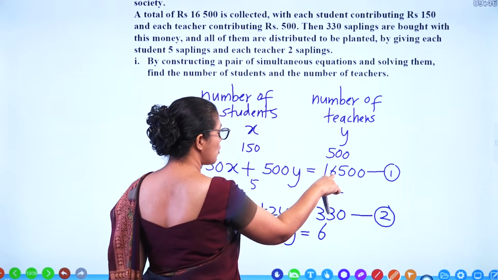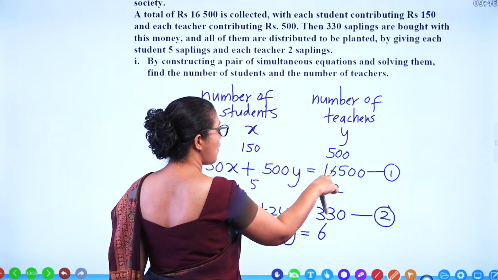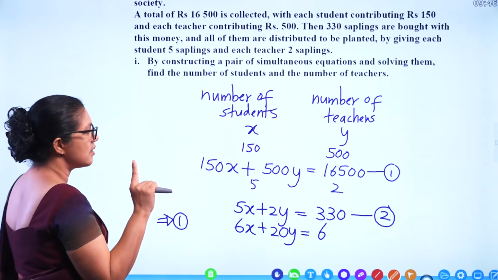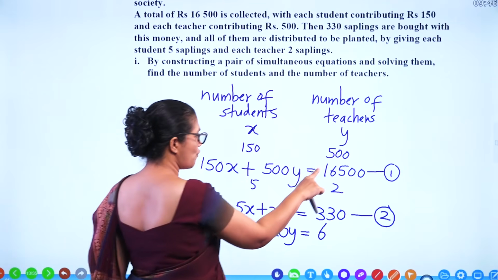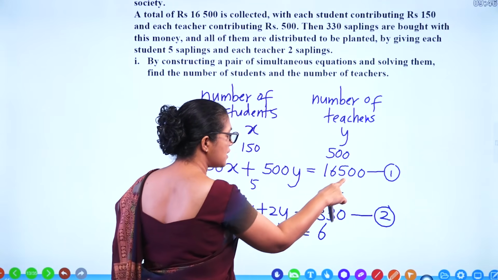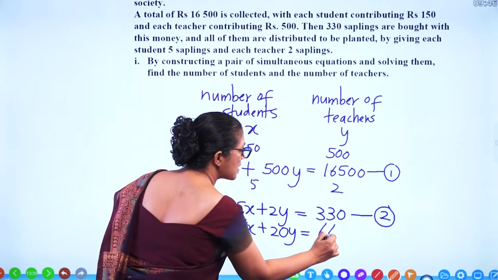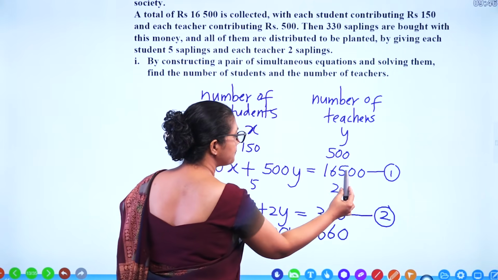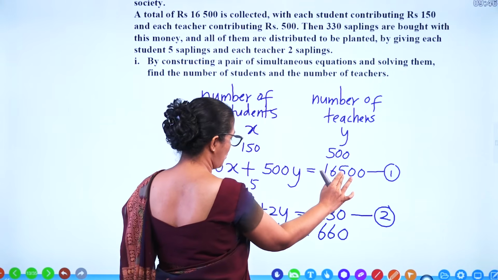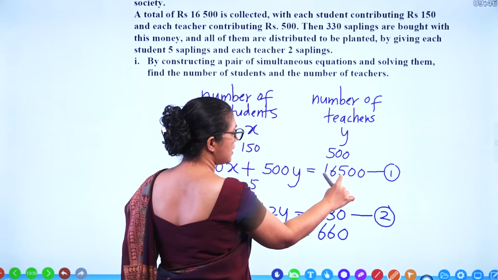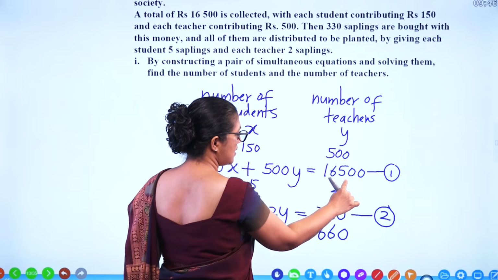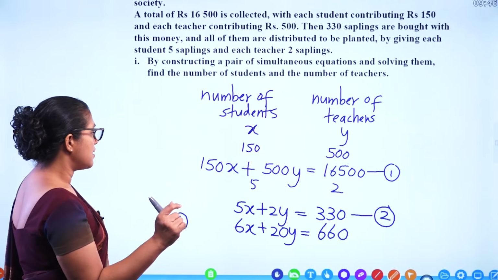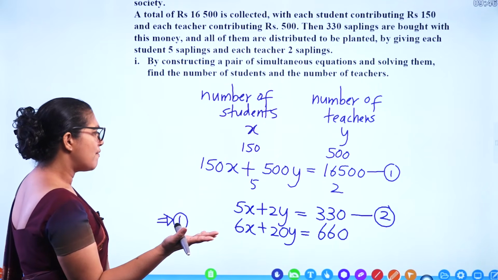So we are dividing by 25: 25 goes into 150 six times, and into 16,500 you get 660. So that's the answer. Now you can simplify further.